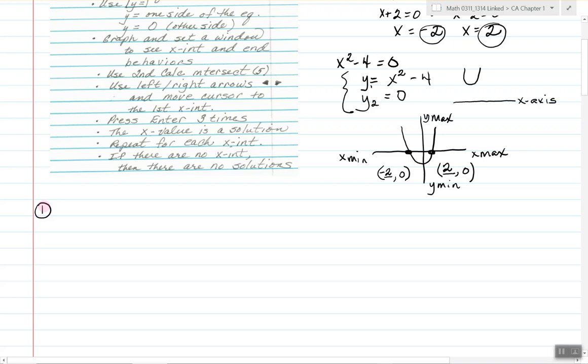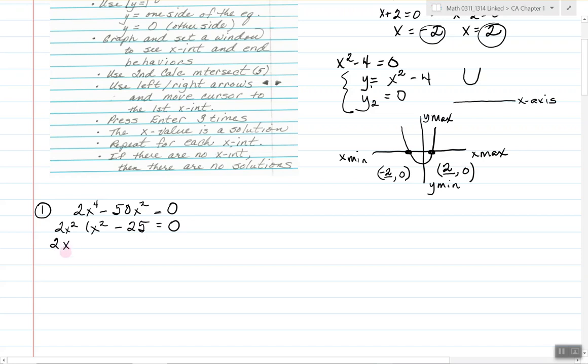Question number 1 wants us to use factoring to solve 2x to the 4th minus 50x squared equals 0. Now I can do this by factoring because there's a GCF of 2x squared. That will leave me with x squared minus 25 equals 0.